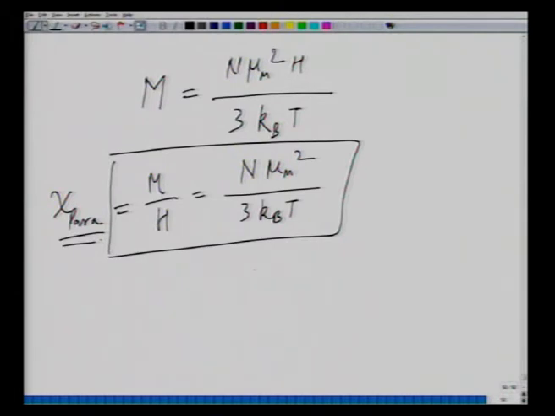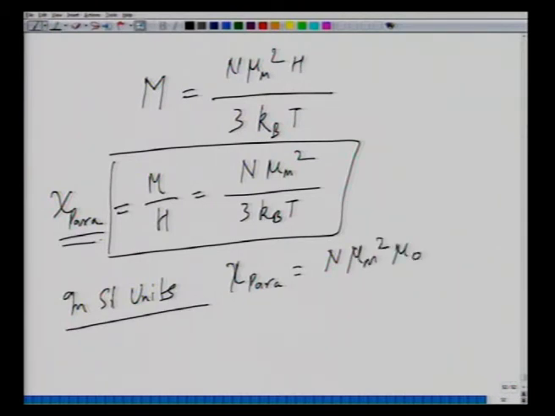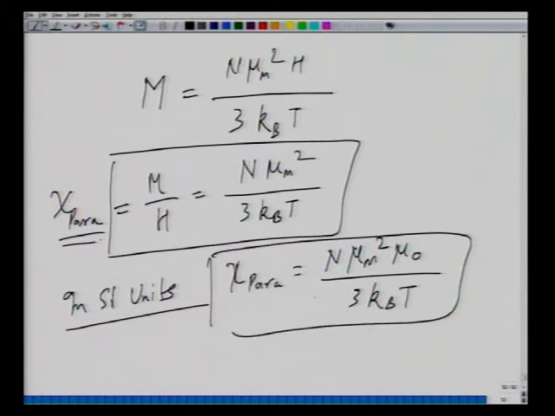If you put that in SI units, chi para will be equal to n mu m square mu naught divided by 3 k B T. Again, you can see that this is the origin of the C by T nature of this paramagnetic susceptibility.